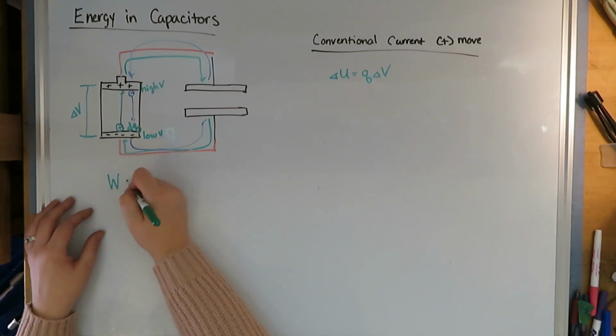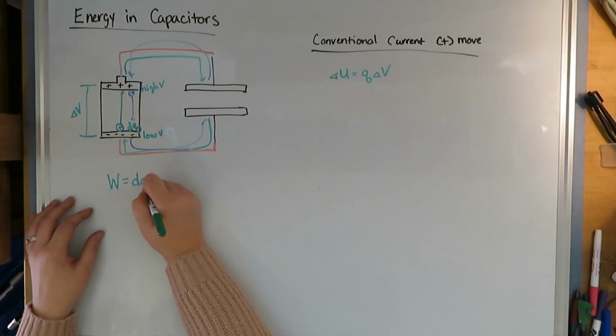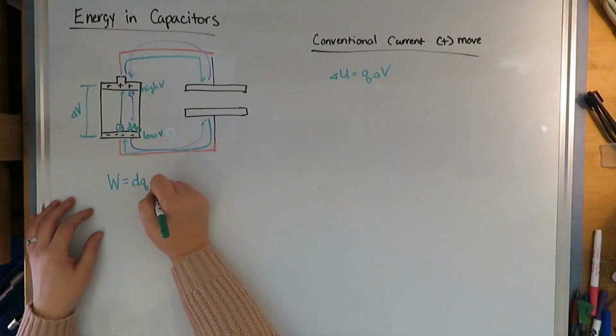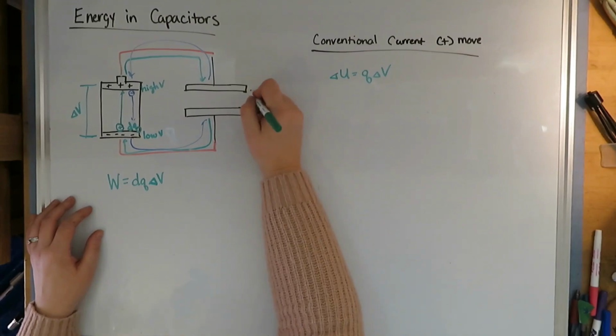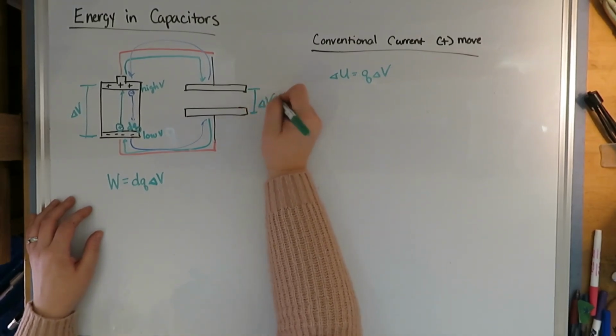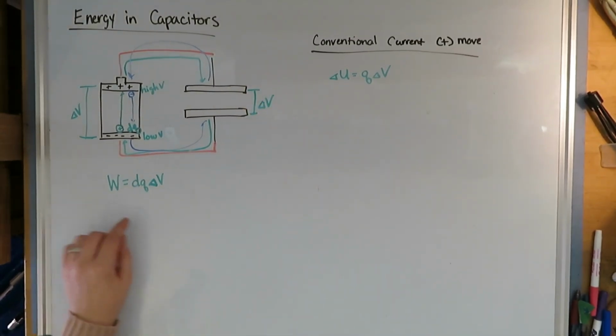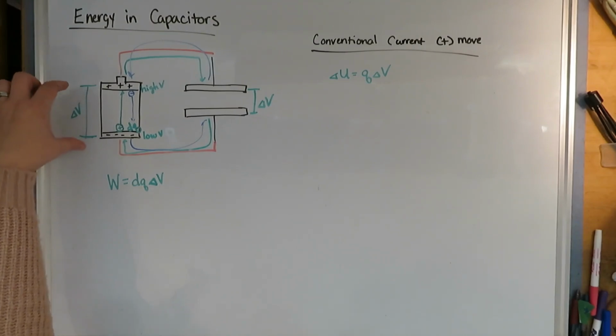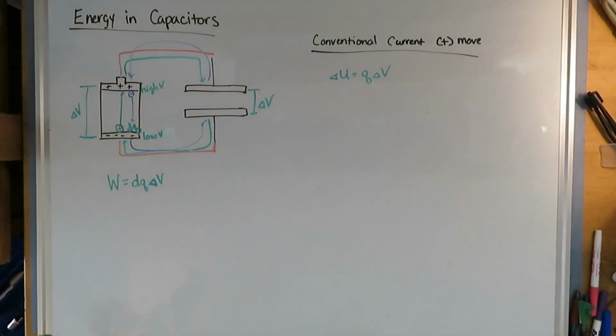So I can define that work as equaling dq times delta V. Now I know that I'm going to end up with the same delta V over here for my capacitor, so that I can relate this potential difference here to the eventual equilibrium potential difference of my capacitor, because we're going to have a transfer of potential.